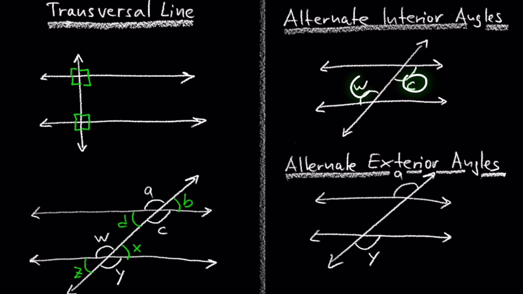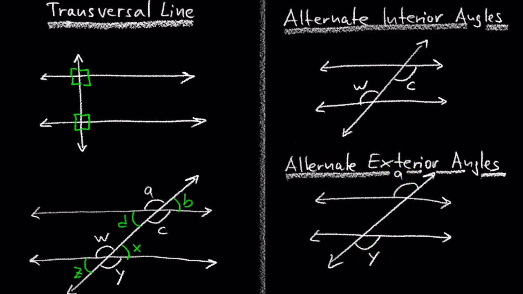Angle C and angle W are two non-adjacent angles that are on the opposite side of the transversal and lie between the parallel lines. And angle A and angle Y are two non-adjacent angles that are also on the opposite side of the transversal but lie outside the parallel lines.